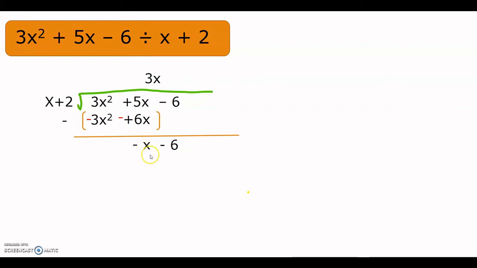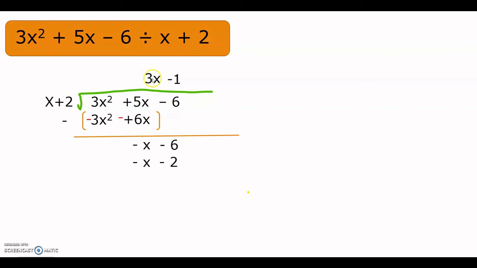Here we have negative x divided by x. Remember that the coefficient here is 1. So we have x divided by x is 1, or negative 1. So negative 1 times x is equals to negative x.